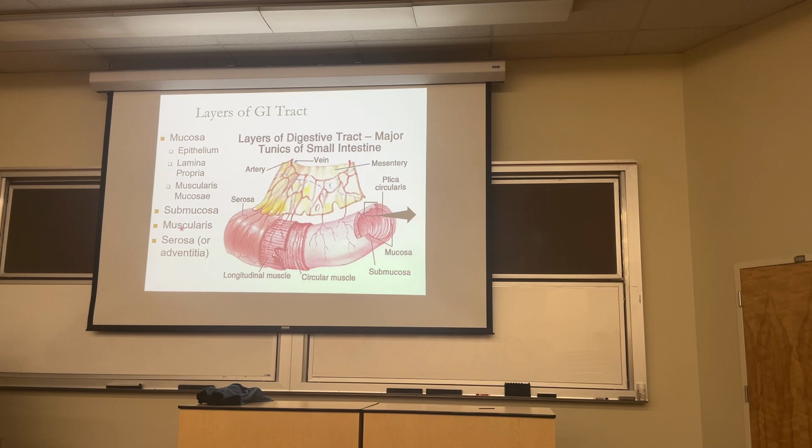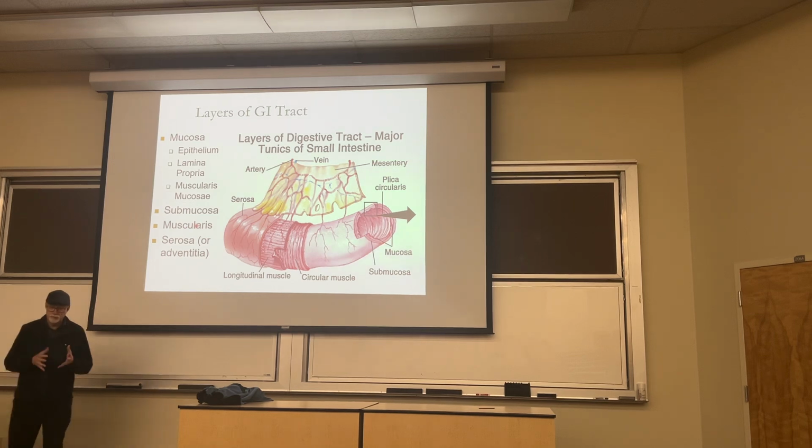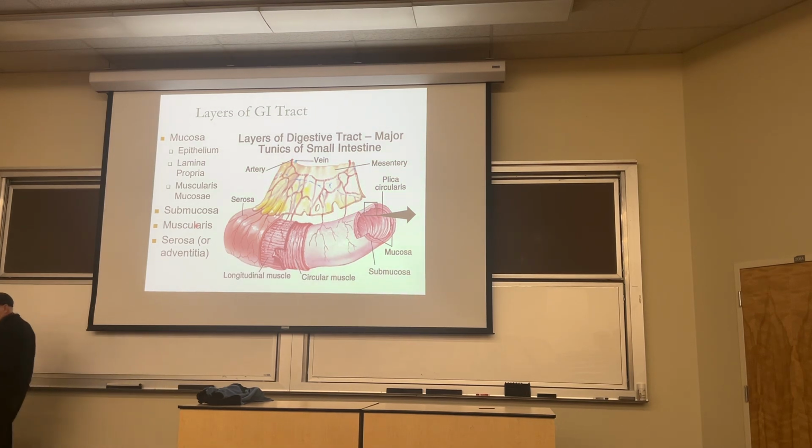The muscularis, sometimes called the muscularis externa, same thing, is larger muscle layers, and most frequently is 2 layers. Sometimes it's 3 layers, sometimes it's even more, but usually it's 2 layers. These are bigger, thicker layers. This layer is the one that's good for pulverizing food and moving it along.